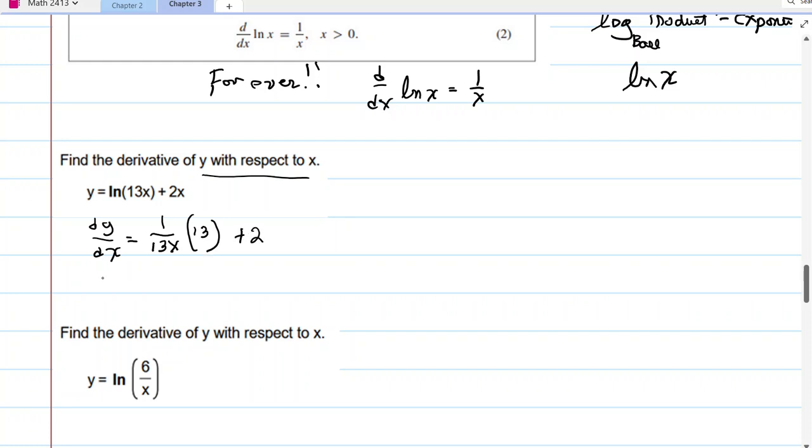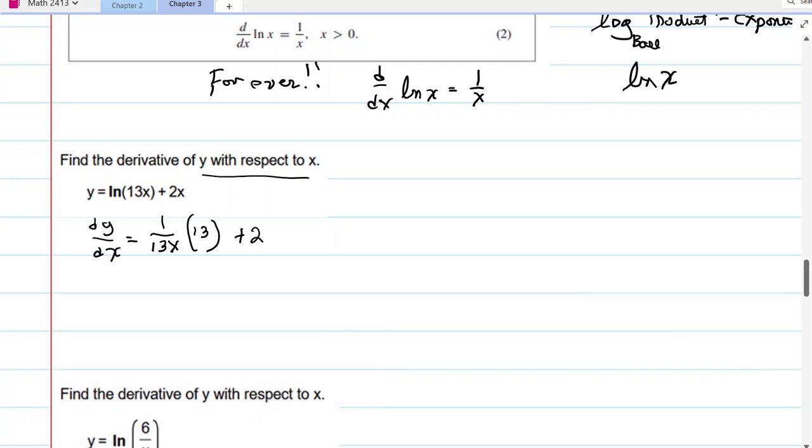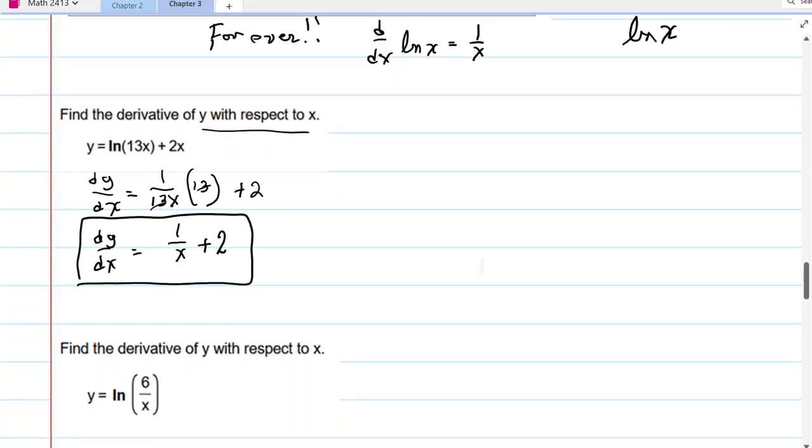We're going to clean it up. So I'm going to have dy/dx equals, well, those cancel, 1 over x plus the 2. There it is. Okay, well, let's do another one.